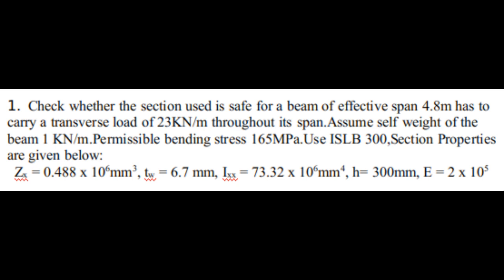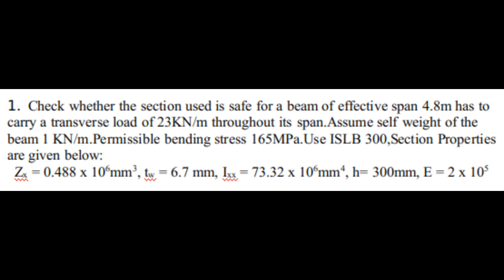I request all of you to please note down this problem, because only after that should you proceed to see the solution. Please note down all these values. Here the ZXX is given, that is the section modulus. Then the TW is given, that is the thickness of the web.